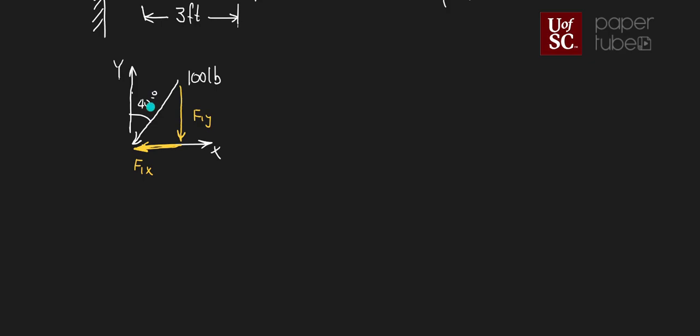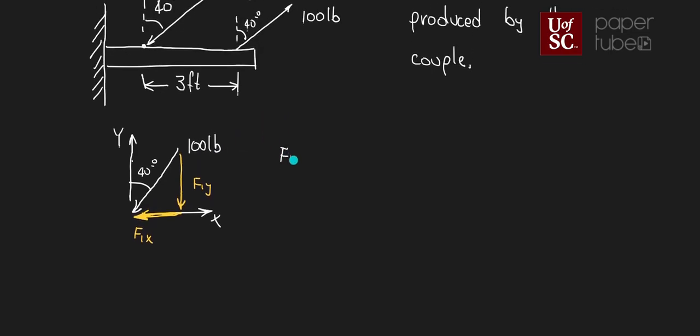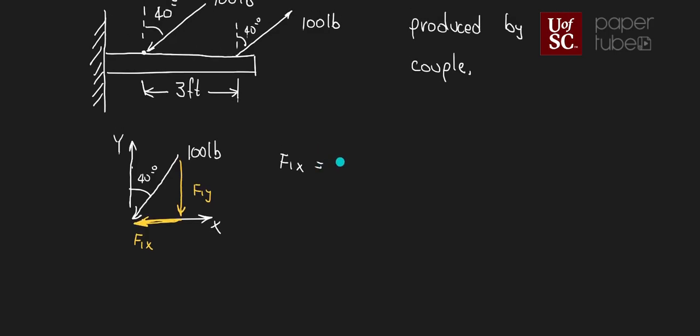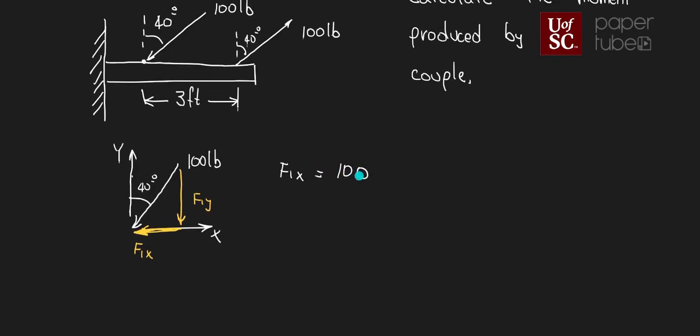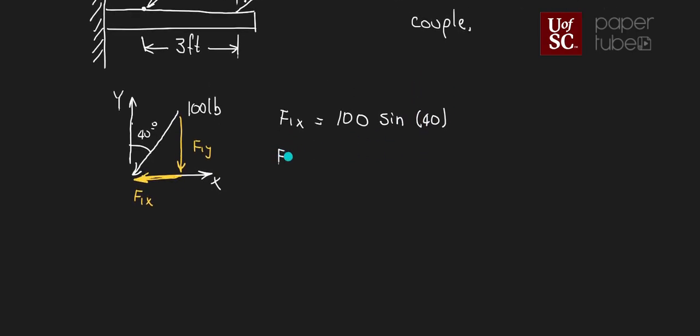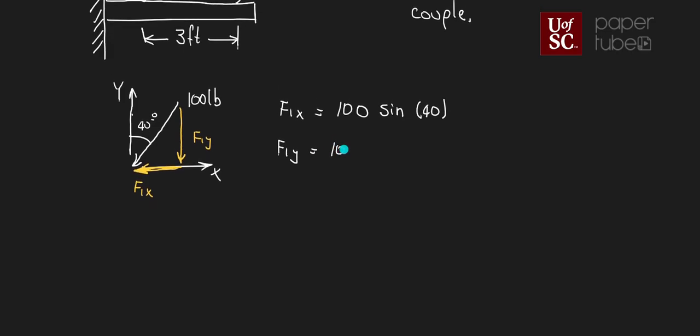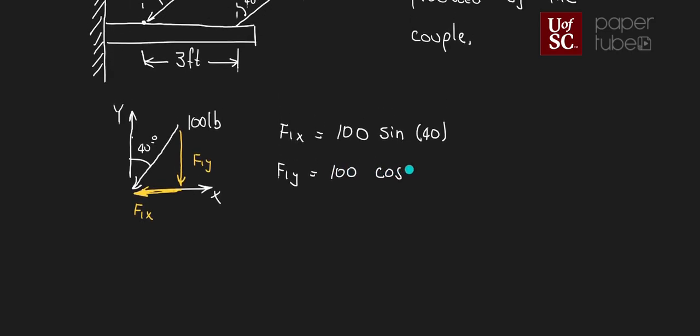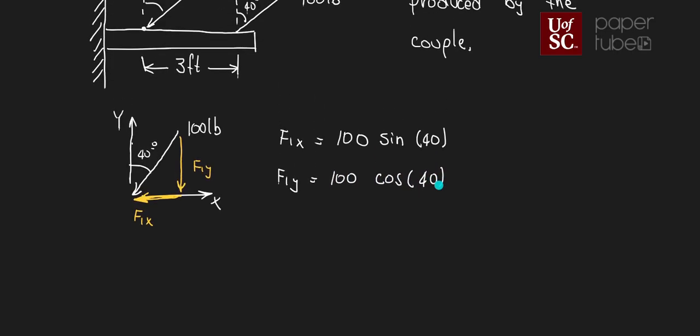I have my angle over here, and I have my magnitude. So we know that my F1x is going to be 100 sine of 40 degrees, and my F1y is going to be 100 cosine of 40 degrees. So I'll punch that in my calculator.